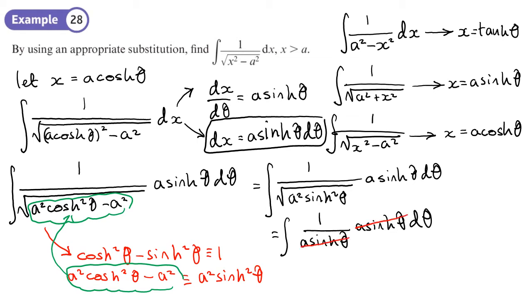So all I'm left with is the simplest of integrations, integrating 1 with respect to theta. So what am I left with? Actually, that just becomes u plus c.